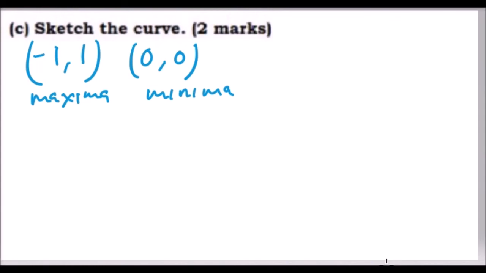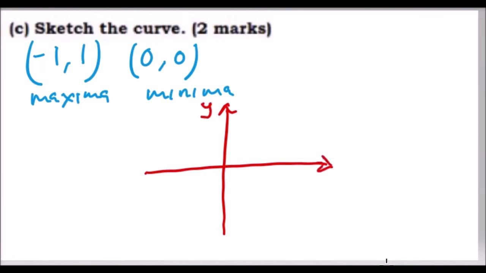So you are not expected to have a graph and make the exact curve, or it is not provided. If you check from the question, what you do is you just make a sketch of the graph. So you make y and x axis. So this is 0. We can say this is minus 1, and we can say this is 1.